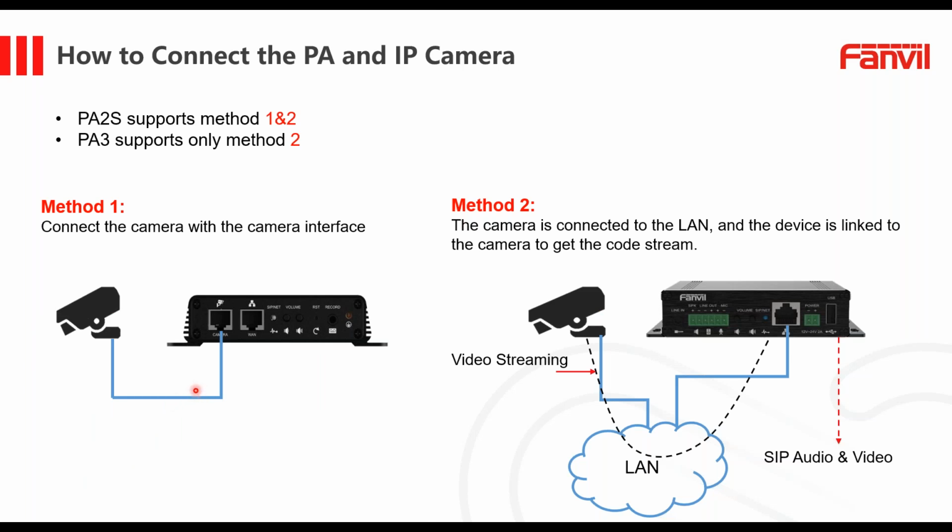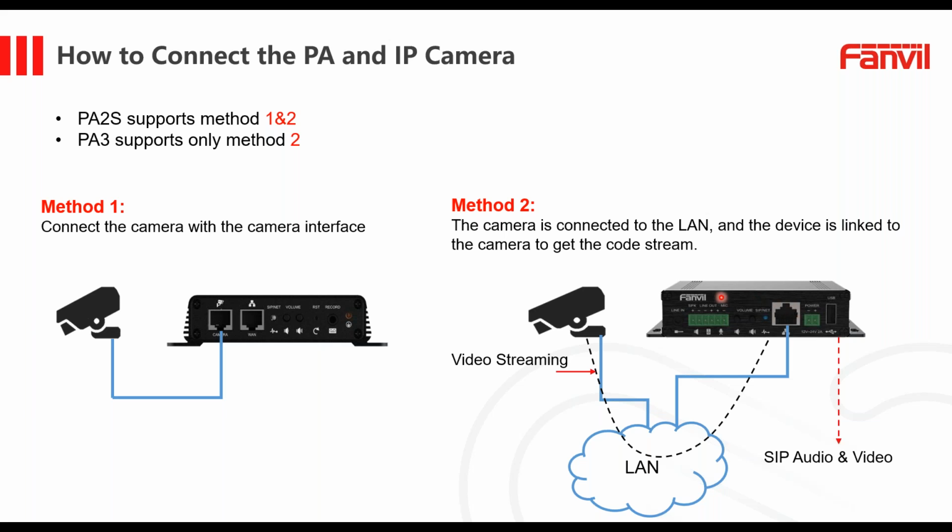Here are some of the little odds and end differences about how you would hook up video in case you need to put video. Because all the phones, including the A32i, the console unit, this one has a separate interface. And as I showed on the previous slide, there was a separate output where you can have a camera that enables a quick connection to this output because it has an Ethernet connection. Now, on the other hand, you could also use the PA3 to connect video as well, but you can only connect it via the IP address.